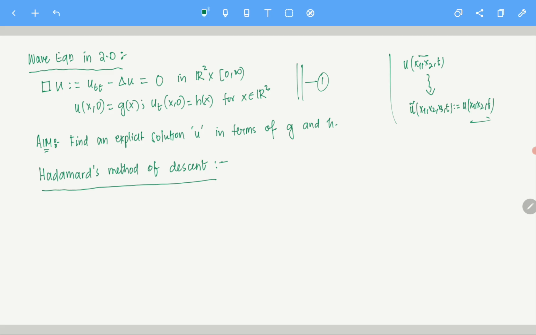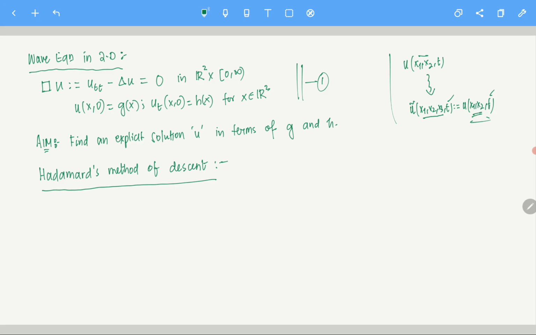But we know how to work with the wave equation in three dimensions. So what we are doing now is defining a new u tilde of x1, x2, x3, so it depends on three different variables and of course the time, that we define as a u which is independent of x3. Is it clear? So basically we are defining a three-dimensional function, ignoring the time right now, in terms of a two-dimensional function.